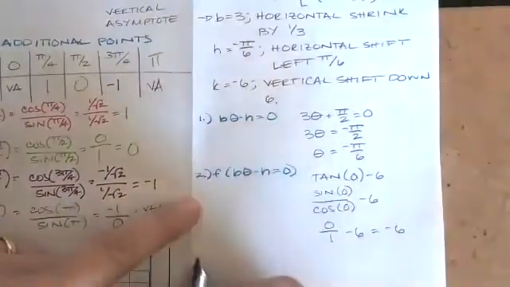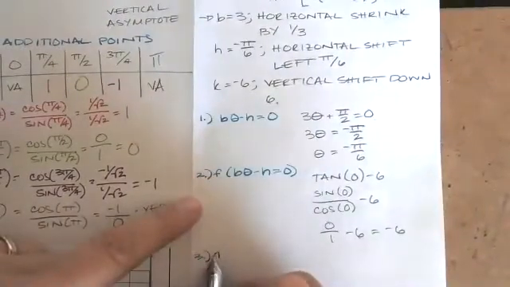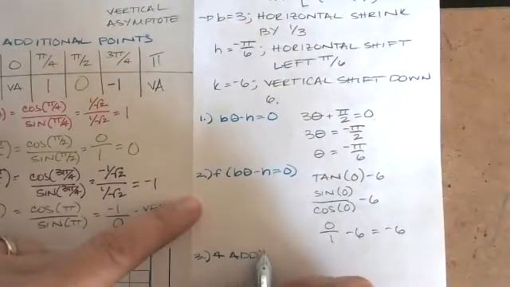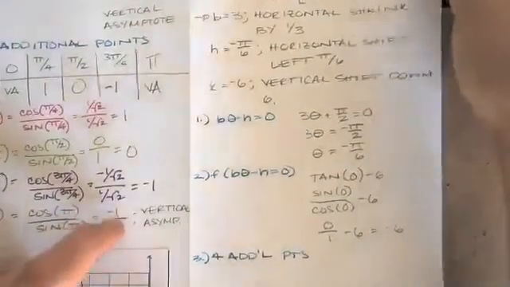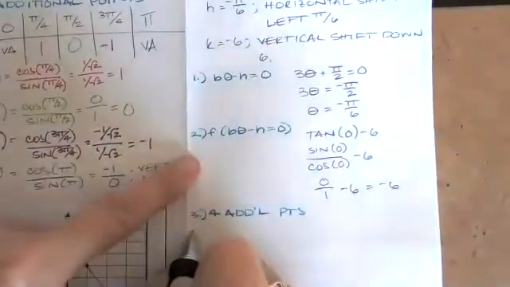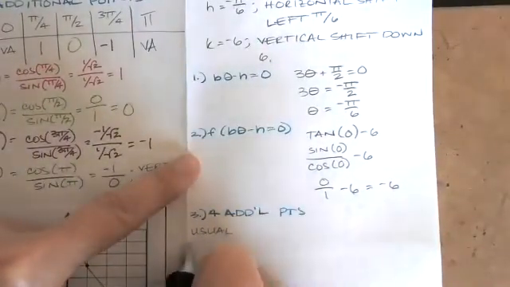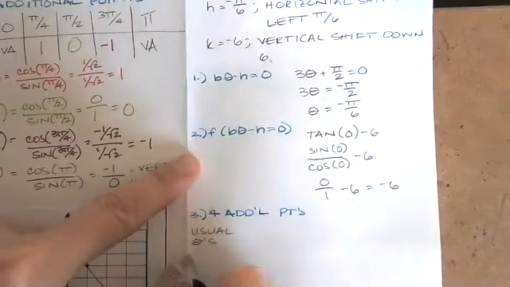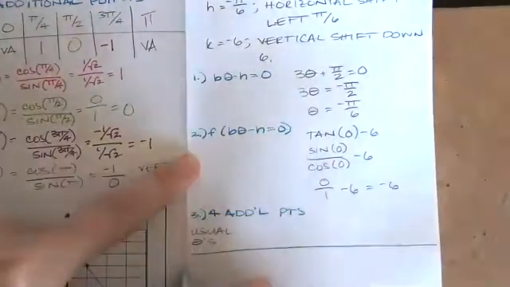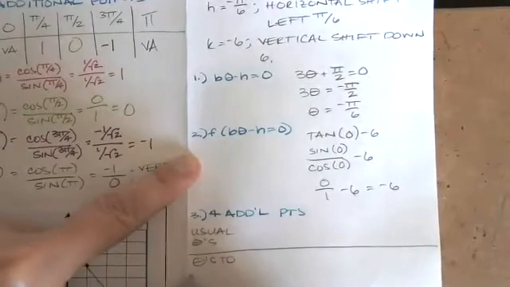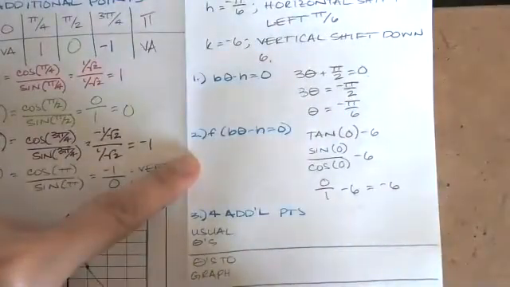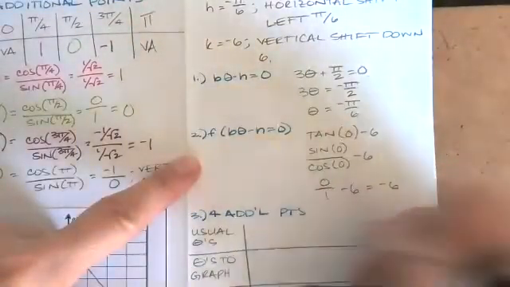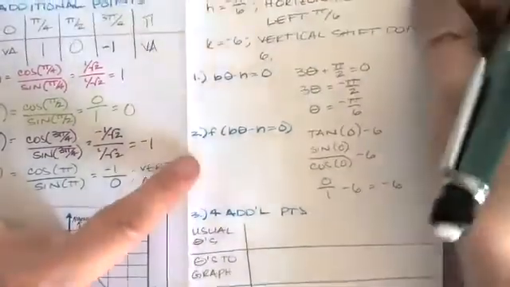So the third step, we'll make our table of 4 additional points. Here we've got our usual theta for tangent. We'll have our thetas to graph that will be impacted by the horizontal transformations, and then whatever those vertical axis coordinates are.